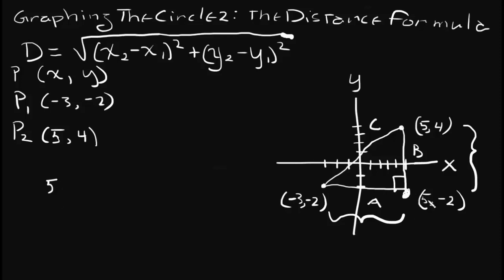And we're going to subtract from it the x value over here. So that would be 5 minus -3. In this way, we take account of where it ends up and where it starts off. All right, so this is going to be our x length.